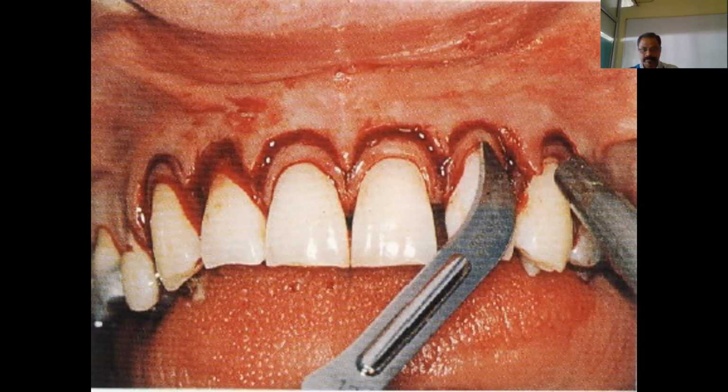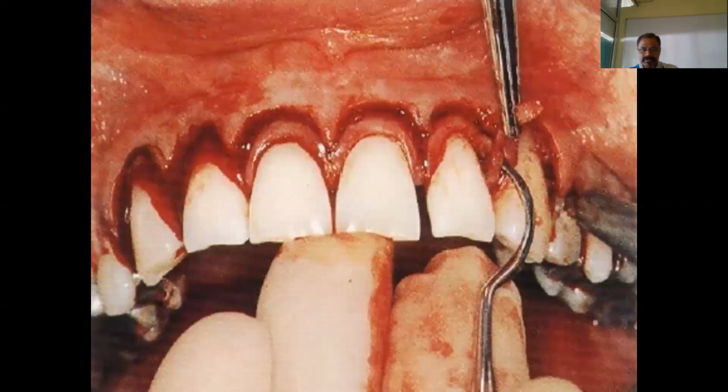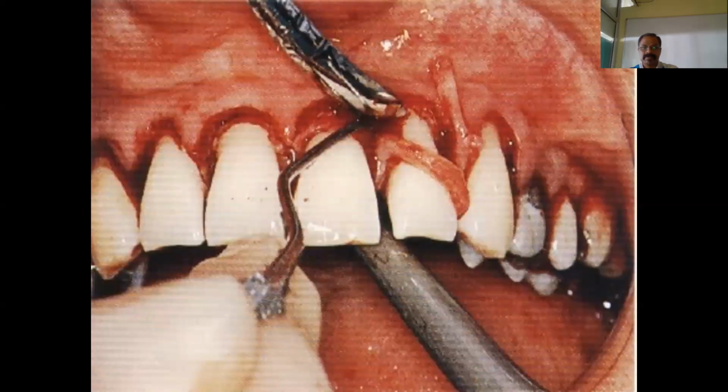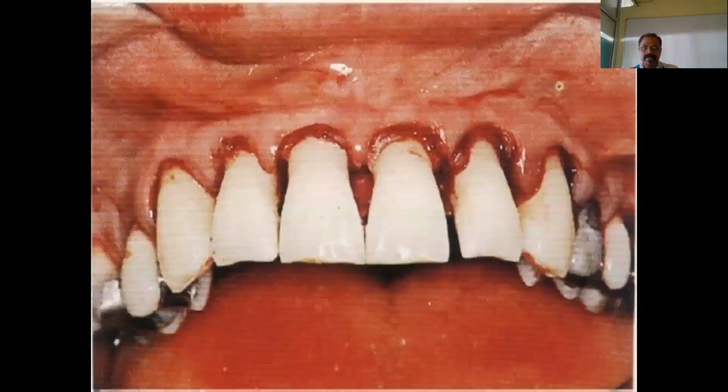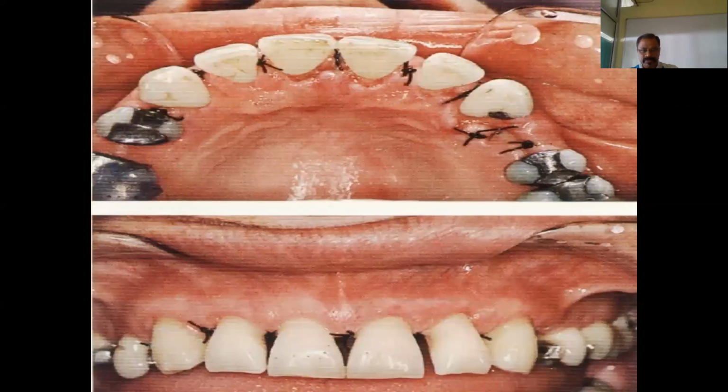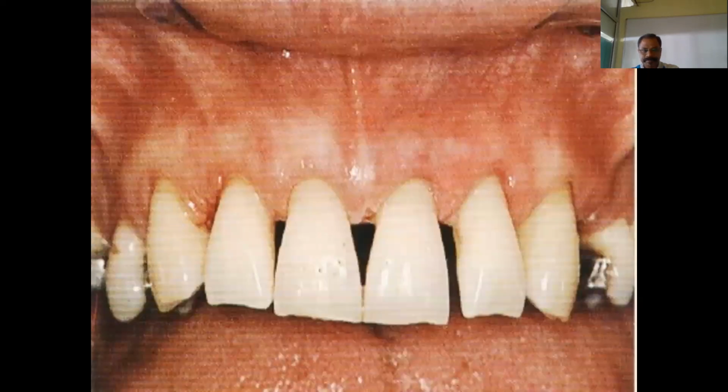And then you're going to remove this collar of tissue using an Orban's interdental gingivectomy knife. Then you're going to do a thorough root debridement, irrigate it, and then place the sutures. Now this is how the tissues will look post-operatively.